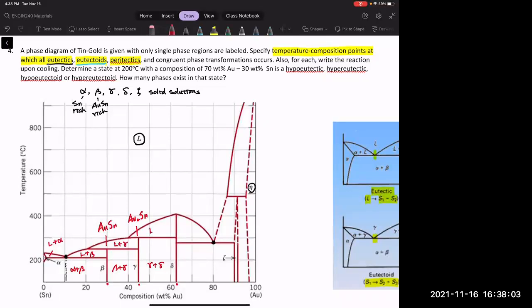This is liquid plus gamma, liquid plus delta. This is liquid plus eta. So these are the things that you have, and oh wait, liquid plus alpha. Yep.